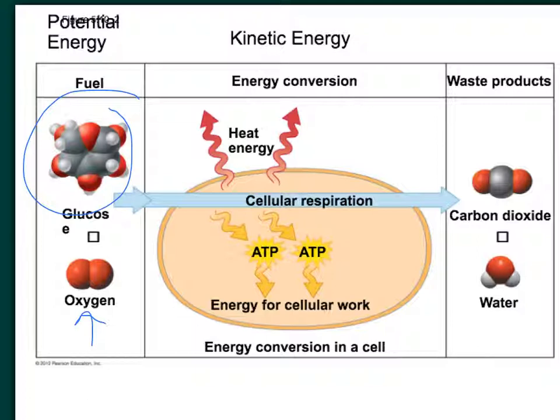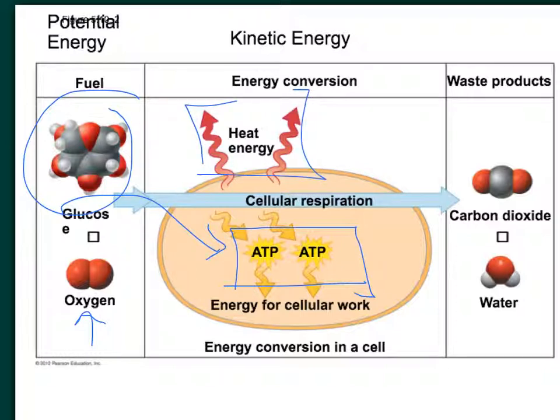The glucose then goes into the body, and we convert it into ATP, which is the currency of the cell, and that is able to drive many of the chemical reactions that occur. That would be the chemical energy. Notice we do get heat off that as well, and the products are also carbon dioxide and water.